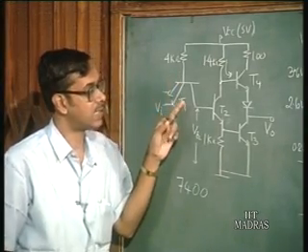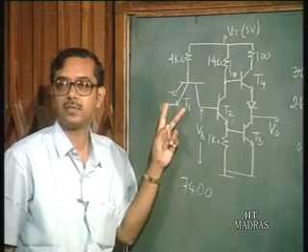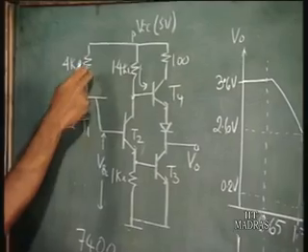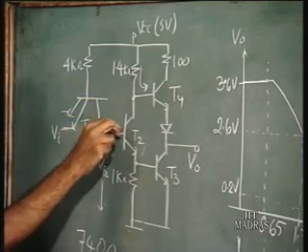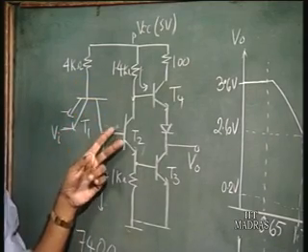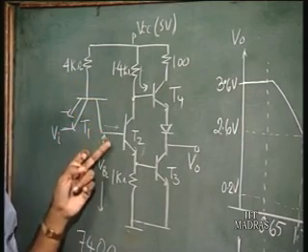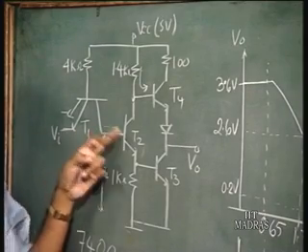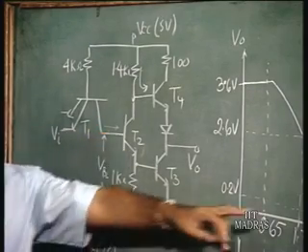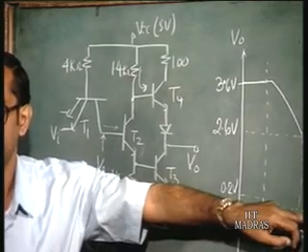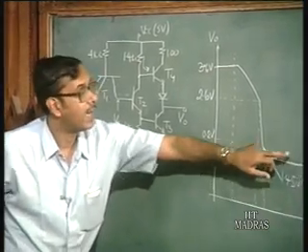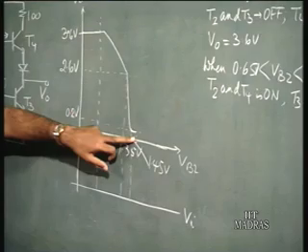This transistor is acting in the active inverse mode, as we have already discussed, and this base current flows into T2, of course, and this VB2 will be at around 1.5 volts, and this output voltage is going to be 0.2 volts. So when V input is quite large, the output voltage is 0.2 volts.